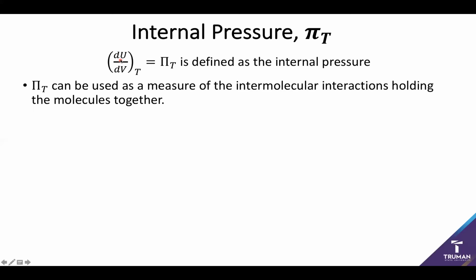And whether I have to expend energy to expand a gas or whether I get energy from it is all going to depend upon my intermolecular interactions. So this is going to be inherently a measure of non-ideality. And let's try and illustrate this for an ideal gas.